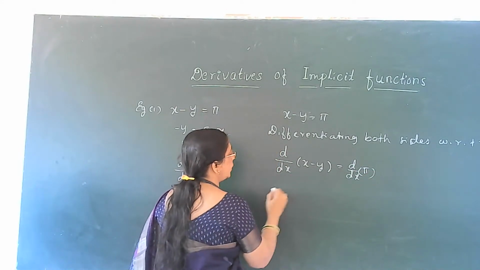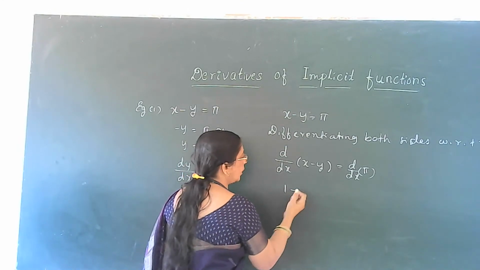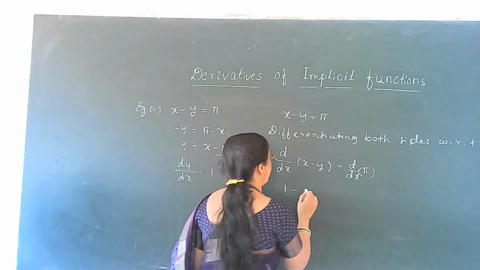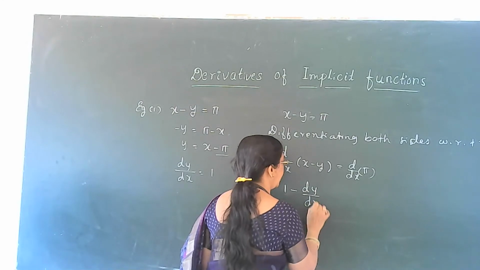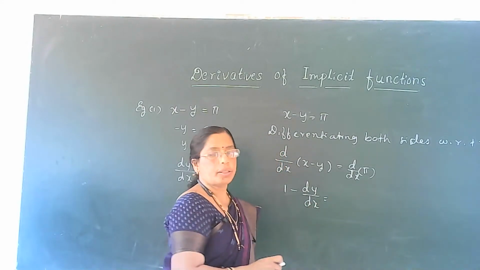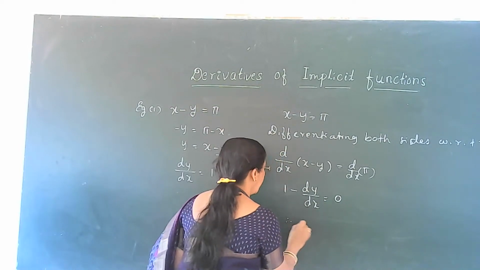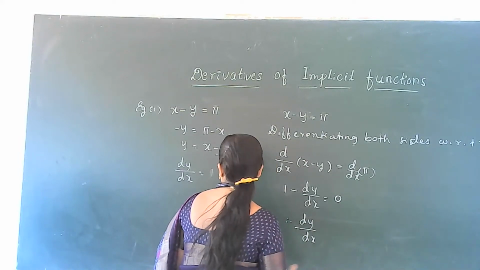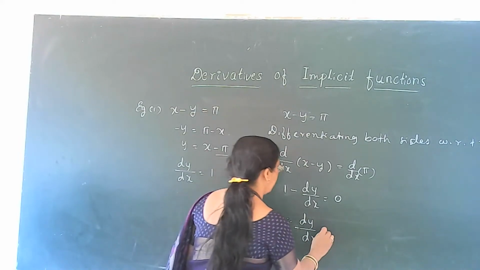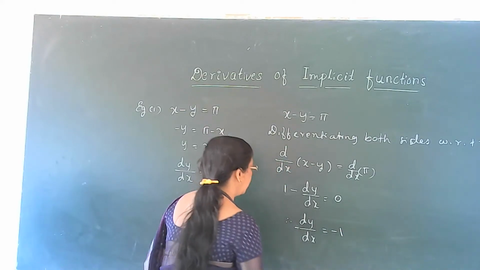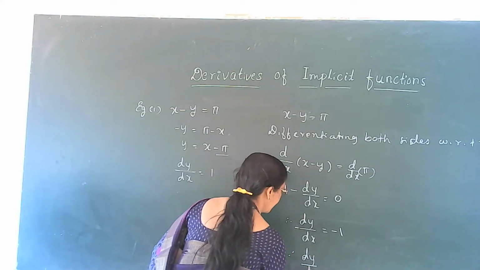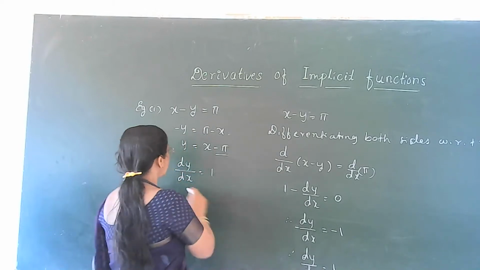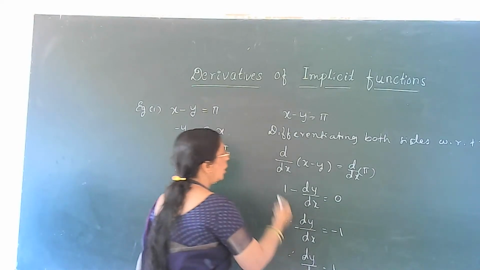That gives 1 minus dy by dx, and the derivative of the constant is 0. Therefore, minus dy by dx is equal to minus 1, so dy by dx is equal to 1. Here also we get the same answer.